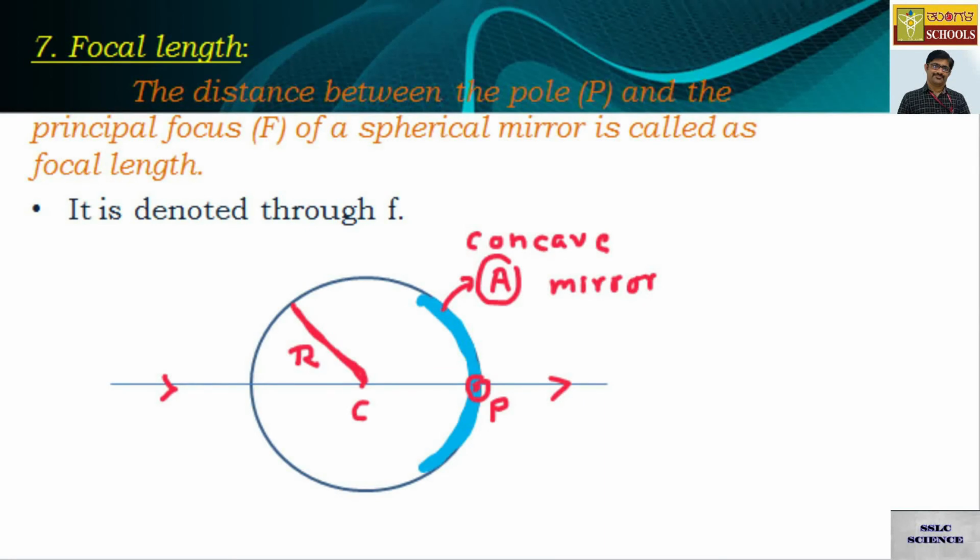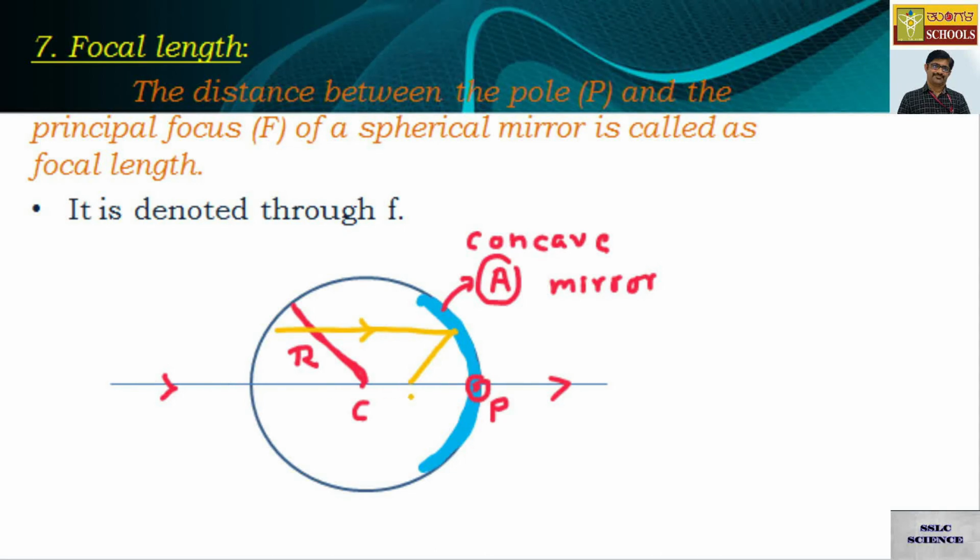Next one, that is the principal focus. A ray of light hitting the concave mirror, after reflection, passes through a point on the principal axis.